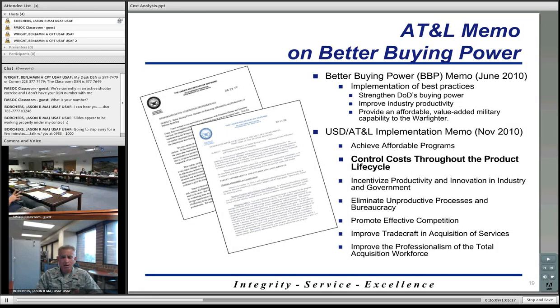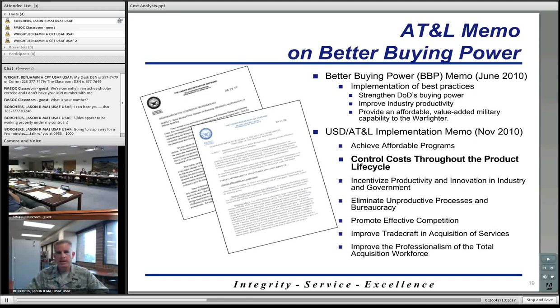These better buying power memos involve 7 different initiatives, essentially just trying to answer the question, how do we do more without more? And when we talk about should cost, that falls underneath the second initiative, which I have highlighted here, controlling costs throughout the product life cycle. That is where should cost falls. So it started formally back in 2010, and we'll see how it has evolved since then.